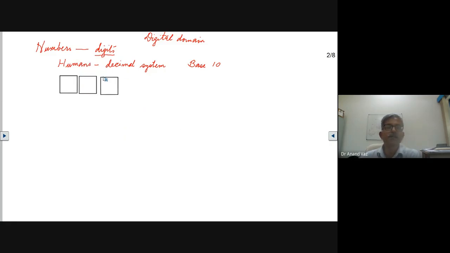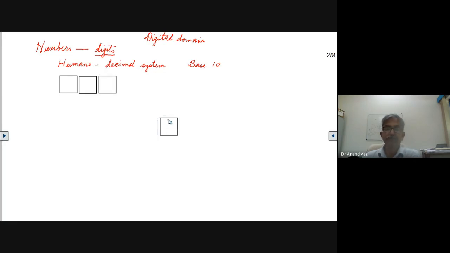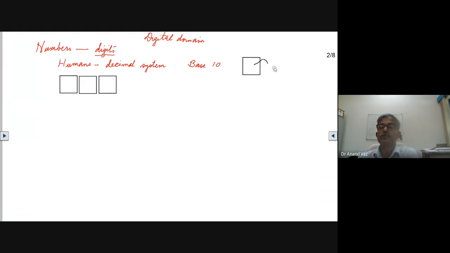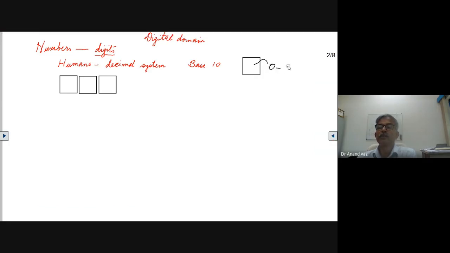Now these are all digits in the decimal system, and you can see that this digit is in the base 10. So here you have various values possible. In this digit you can have 10 possible values, and we know those 10 possible values are 0 to 9.